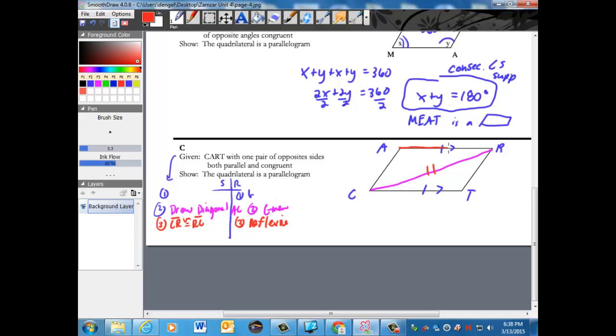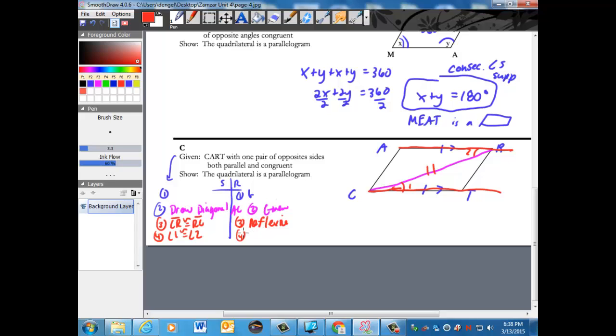This line's parallel with this line, and it's cut by this transversal. So what forms here is that this angle, angle 1, is going to be congruent to angle 2. And you guessed it, the reason why is alternate interior angles.